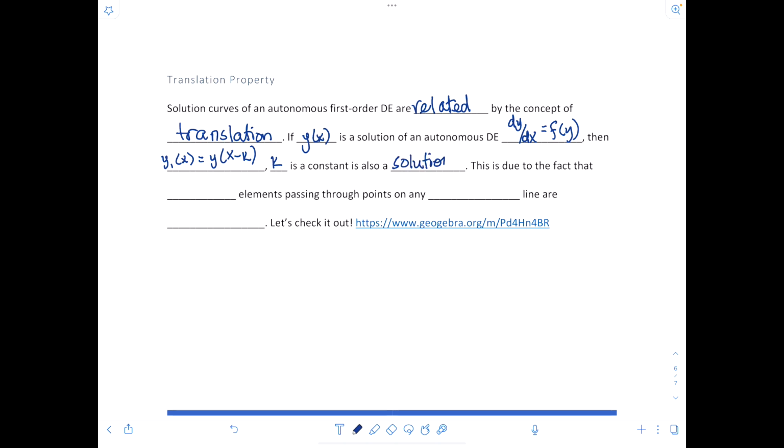This is due to the fact that lineal elements passing through points on any horizontal line are parallel.